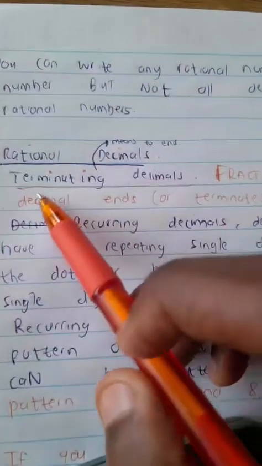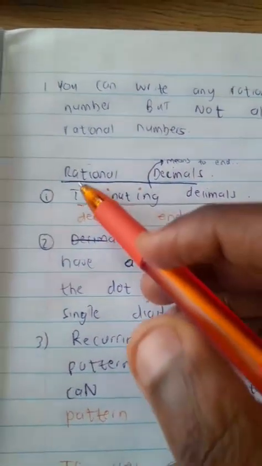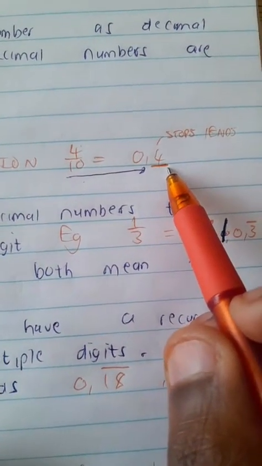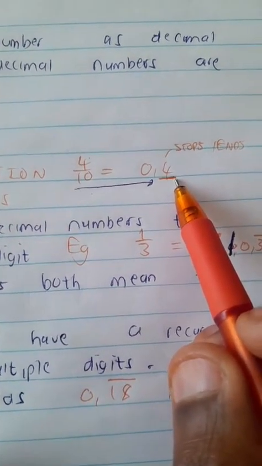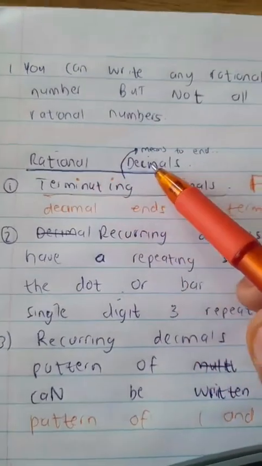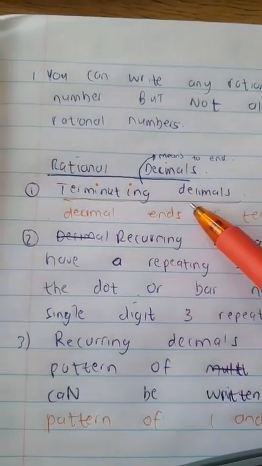So all terminating decimals are referred to as rational numbers. Whenever the number after the comma stops, we refer to that as terminating decimals. So rational decimals terminate. Okay.